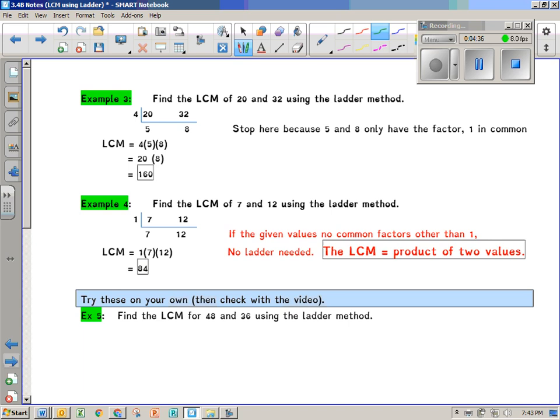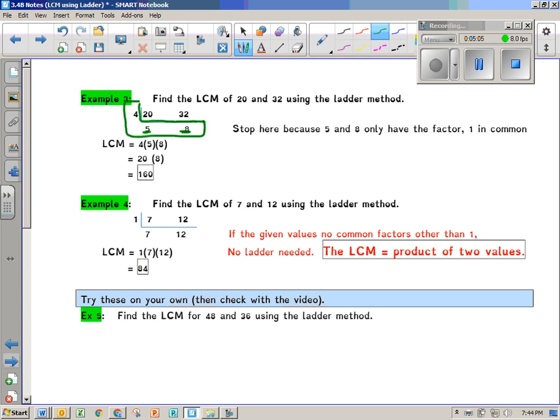So it has to be at least as big as 32, and in our case, it has to be bigger because 20 doesn't divide into 32. I started with my ladder. I factored out a 4. I got 5 and 8. 5 and 8 have no common factors, so I'm multiplying everything together in the L. 4 times 5 times 8. That's 20 times 8, 160.